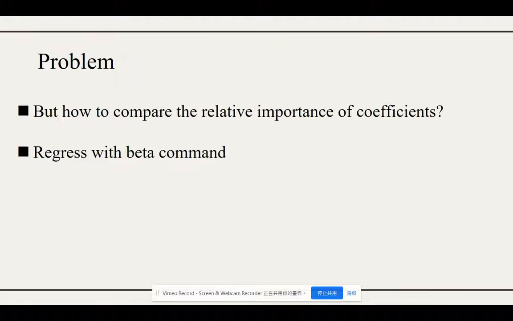As you can see, first we will usually ask how to compare the relative importance of the coefficients, especially when we estimate an OLS regression and the dependent variable is regressed on x1, x2, etc. And how we use the beta command. This one is the standard deviation.